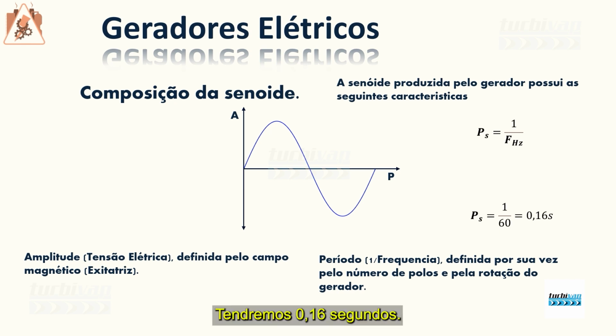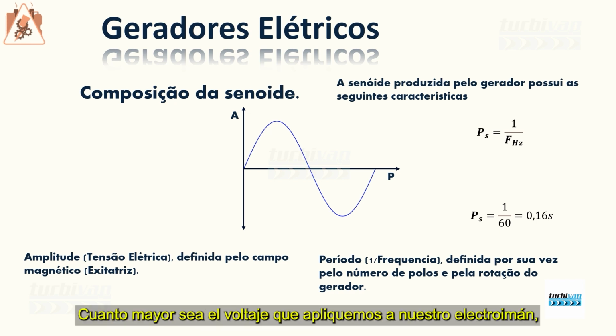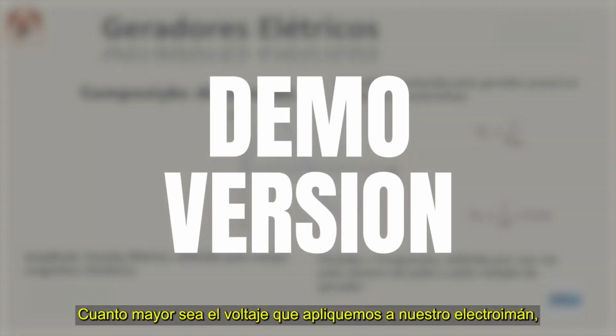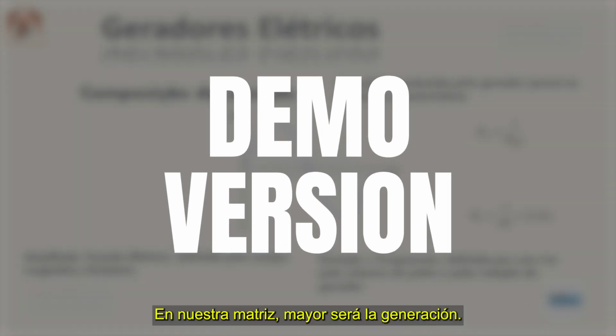The amplitude can be electrical tension, and it will be defined by the magnetic field. The greater the voltage we apply to our electromagnet in our rotor, the greater the generation of electrical voltage in our generator will be.